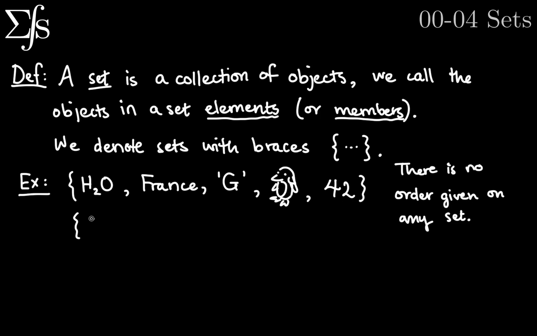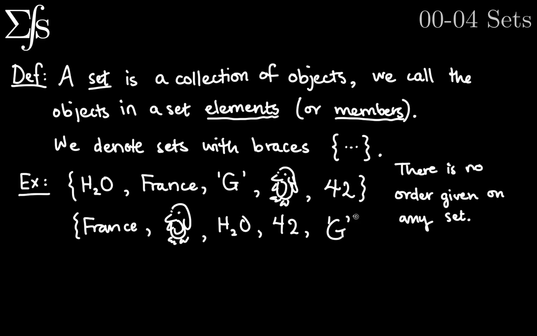This is going to be the same thing as if I said France, the drawing of the penguin, the H2O, the number 42, and then the letter G. These two are exactly the same set since they have the same elements inside, just written in a different order. But there's no real interesting relationship between any of these elements.